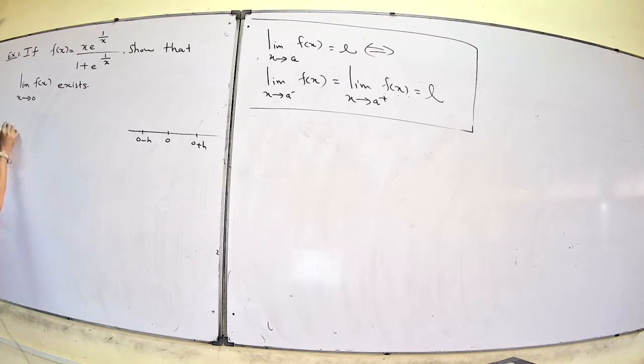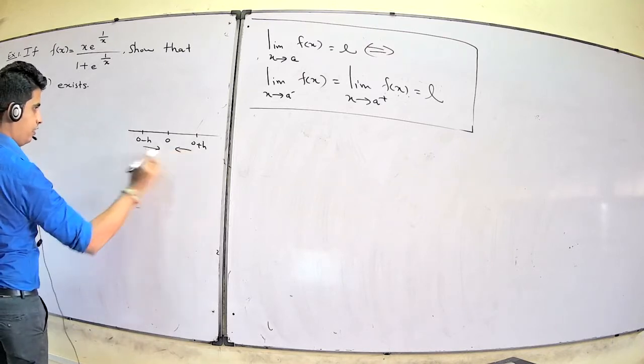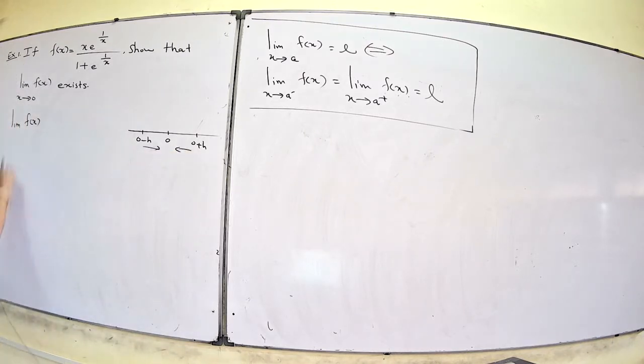First we will find the left limit, f of x as x tends to 0 minus. The minus denoted by 0 minus means it's a left limit. Now we can change the variables. Here x tends to 0 minus, therefore x minus 0, you put h.